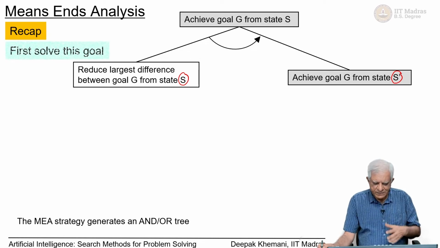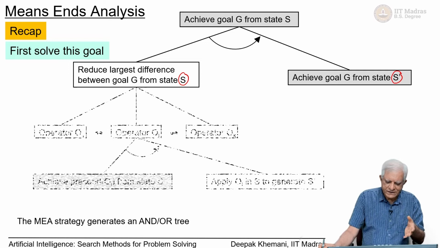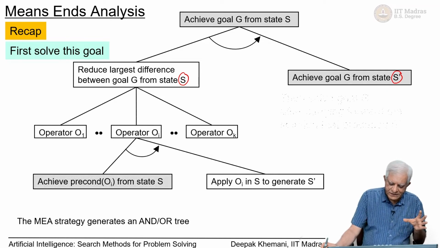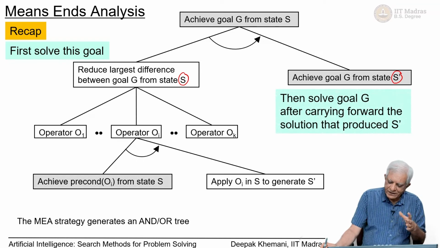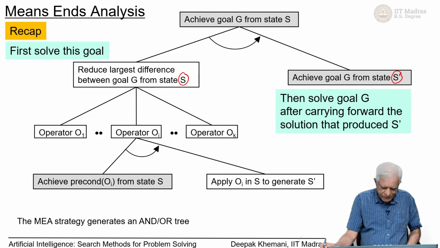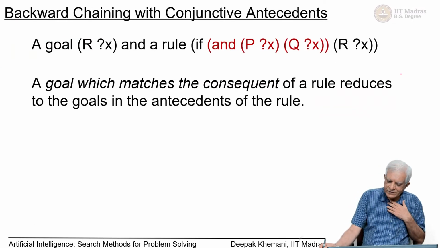This is what means-ends analysis does: first solve the sub goal of reducing the largest difference, and having solved that, then you solve the goal G after carrying forward whatever you did for producing that S prime. Something similar we will do in logic when there are more complex rules.